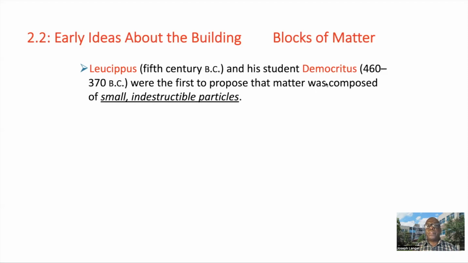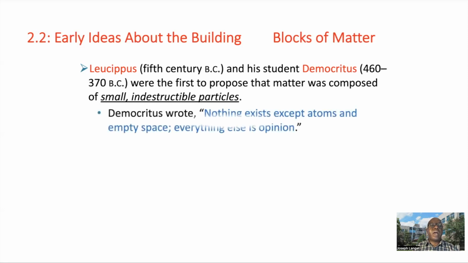By the end of chapter 2 and even moving forward, you'll be given different personalities, different scientists who are credited for different contributions towards the development of the periodic table, for example, and you should know them. So make your own notes on who did what. The first one was Democritus, and in fact, Democritus proposed, or wrote, that nothing exists except atoms and empty space.